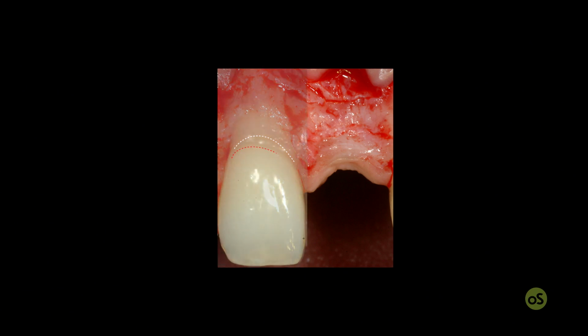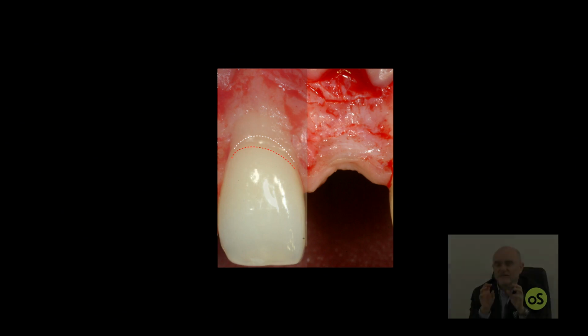So the reference point for every single decision we are going to make around our implants, and in particular where do we want to place our implant, depends on the position of the soft tissue margin of the adjacent, healthy, homologous tooth.